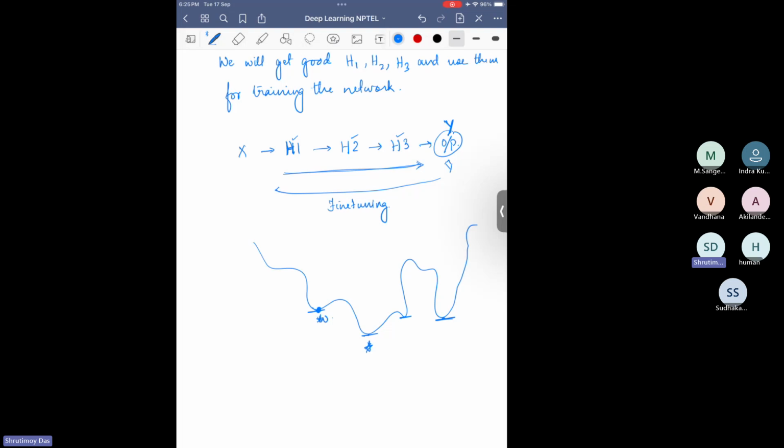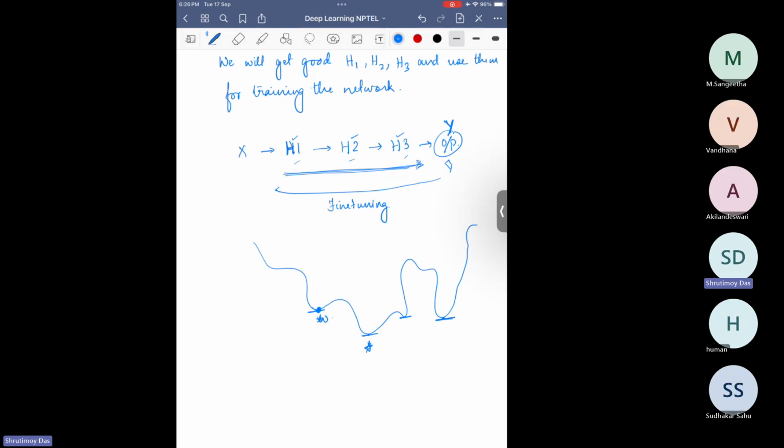unsupervised pre-training, you already have some information about the weights that the model should have, right? So the algorithm will see that, okay, I should start from this point because I already know what the weights should be so that I get a good H1. I already know what the weights should be so that I get a good H2 and also a good H3.